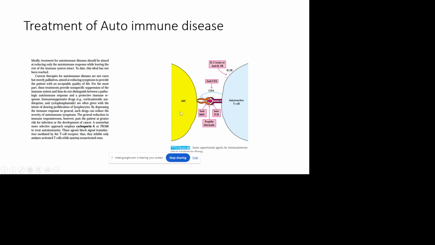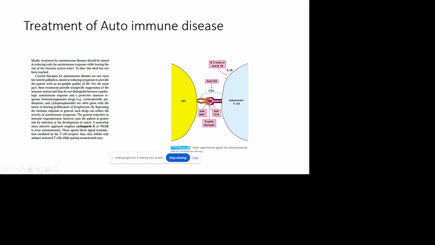CD4, as we know, the TCR and MHC interaction is stabilized by the CD4. So if we use the anti-CD4 antibody, then the CD4 will not be available, right? It will bind with anti-CD4, so this interaction will be abolished and the T cells will not be activated. We can use anti-MHC antibody which will block MHC from interacting with TCR, so it can suppress the immune response, the T cell activation.